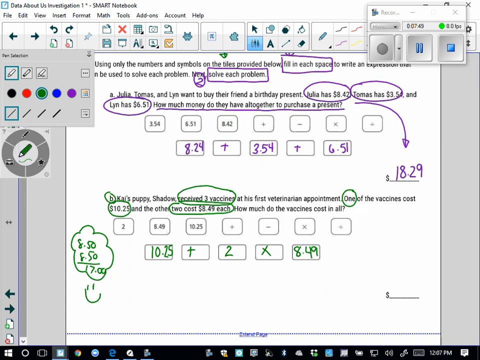And then since it's $8.49 plus $8.49, this right here is just going to be 2 pennies less, $16.98. And then we're going to add that to $10.25. So we did the multiplication before the addition, and now we're going to add these together. So maybe some scratch work, $10.25 plus $16.98.